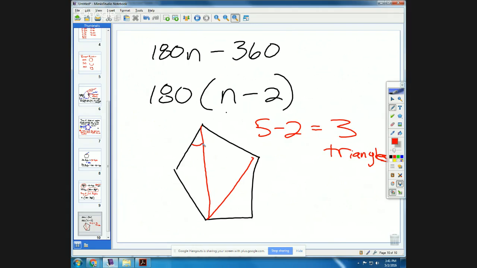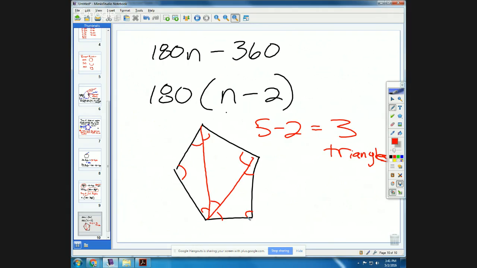What's the interior angle sum of any one triangle? Total 180. So there's a 180, here's another 180, here's another 180.